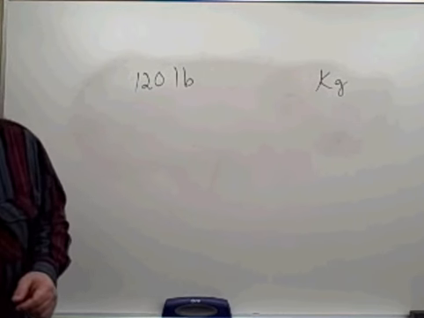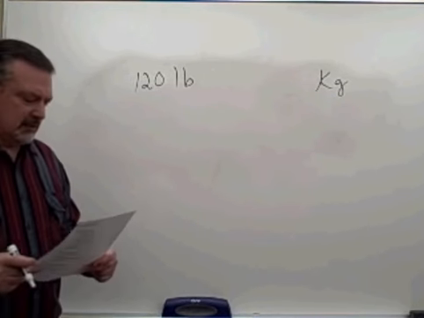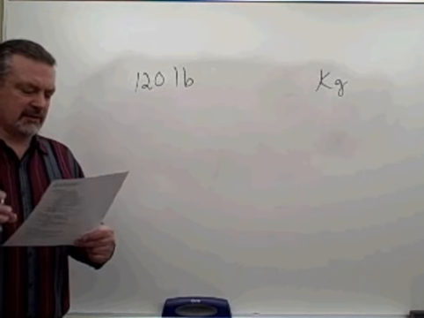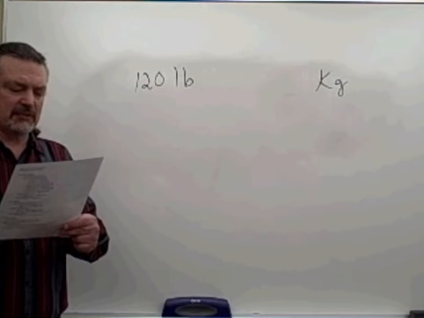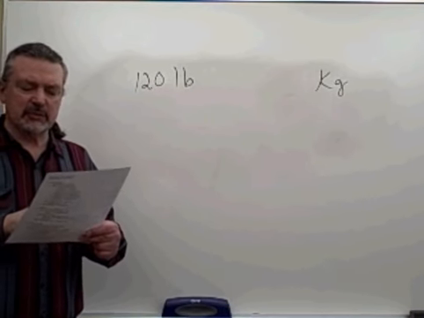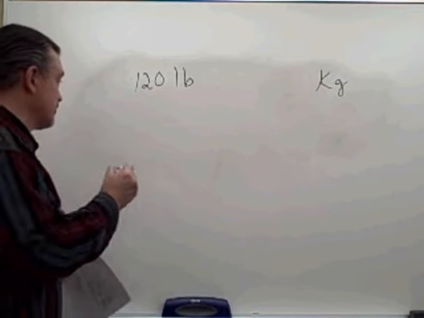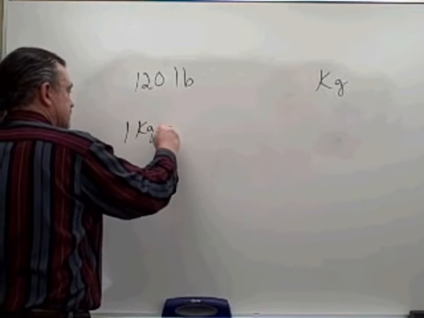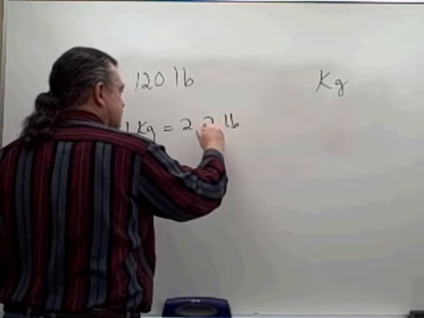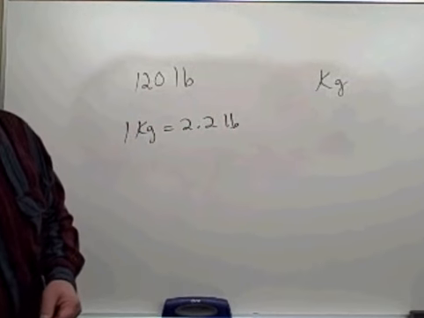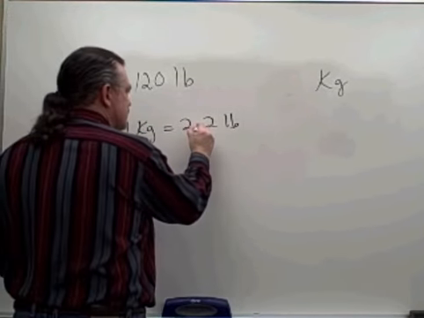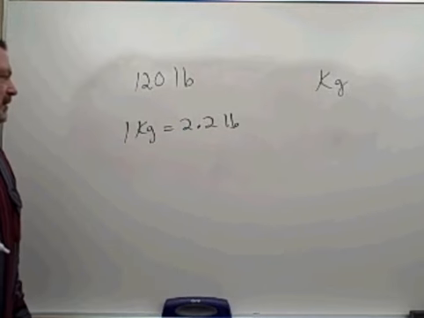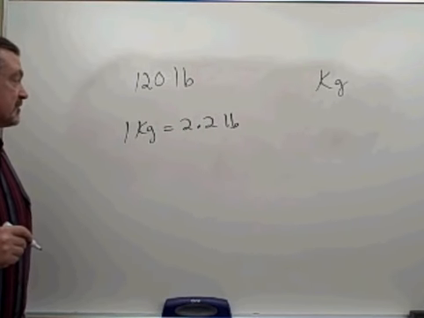If we look at our equivalence chart, in the metric system, 1 kilogram is equal to 2.2 pounds in the household system.